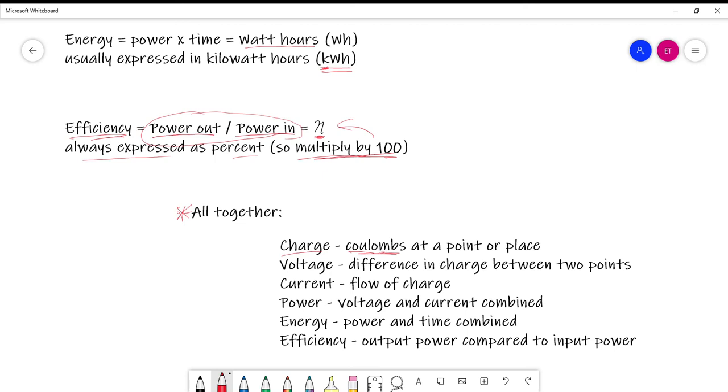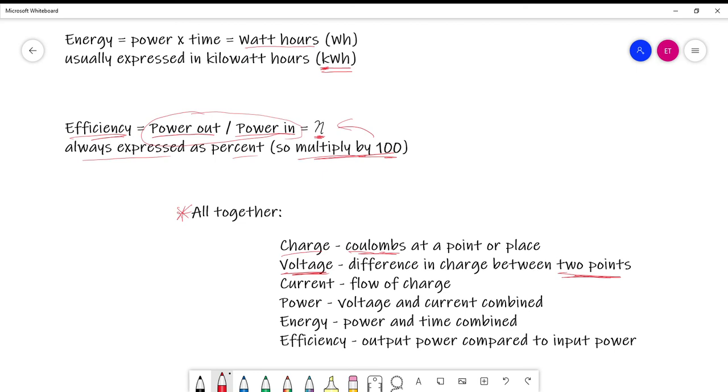But voltage then is really the difference in charge between 2 points, and it's always good to stress that it's 2 points when you're talking about voltage. You can't say you have a voltage here or there, pointing to a single point. You always want to have that in your mind, that when you say you have a voltage, you're talking about a difference between 2 points.